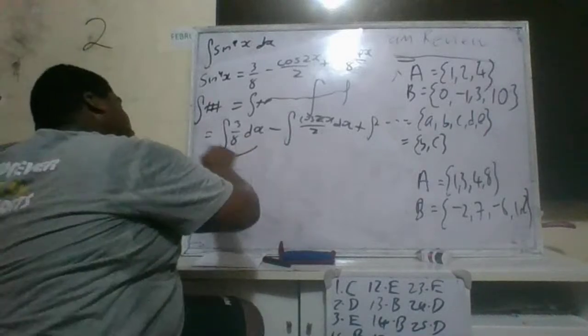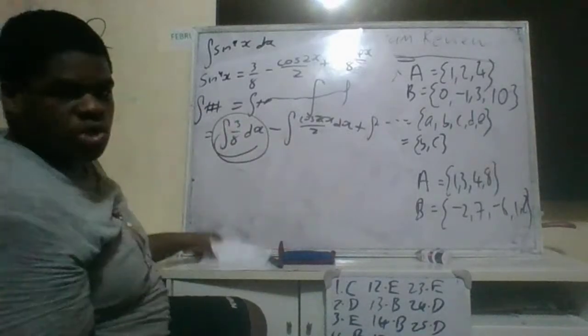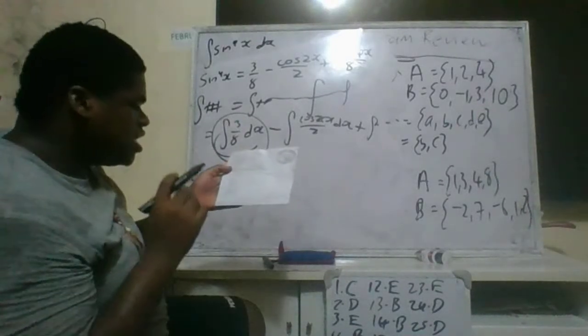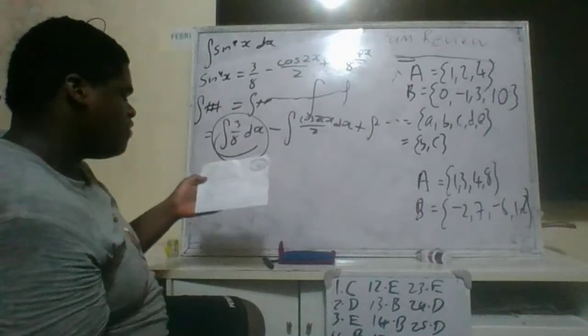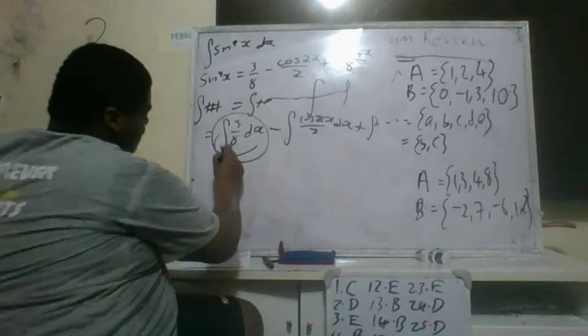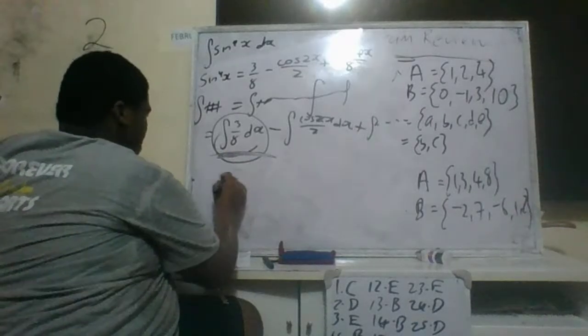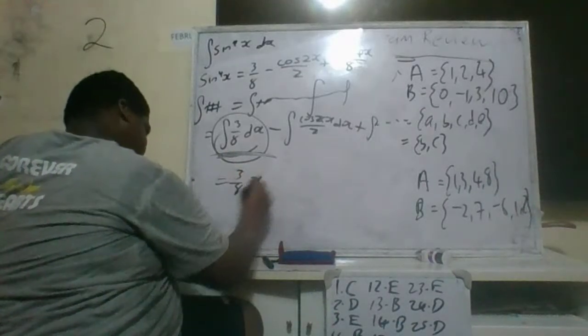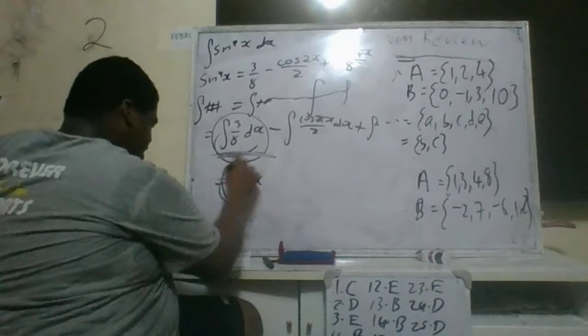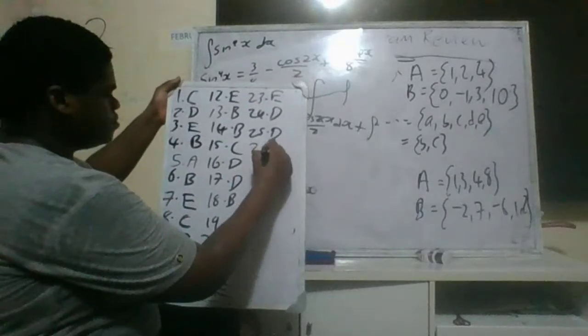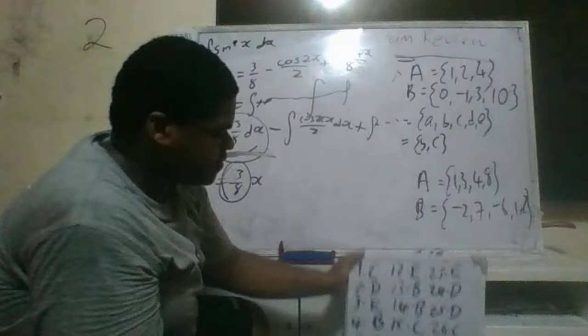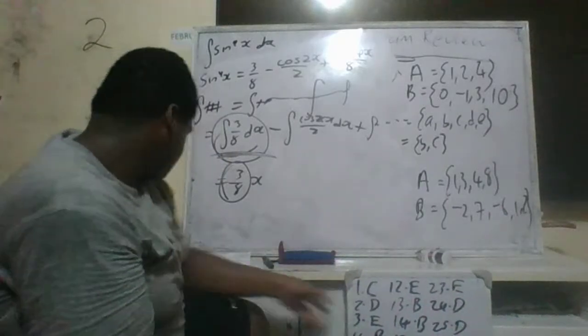The only thing that we need is this part, because remember, the question specified that we should find the coefficient of x in the final simplified expression of I. This is the term that will give us that, and that is equal to 3 over 8 x. The coefficient is 3 over 8. So the answer is C, 3 over 8.